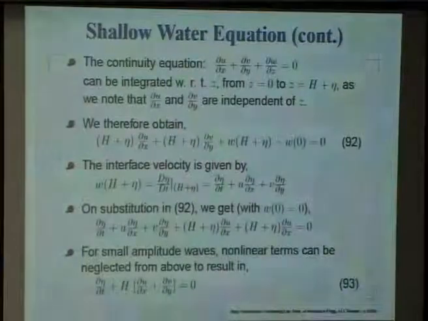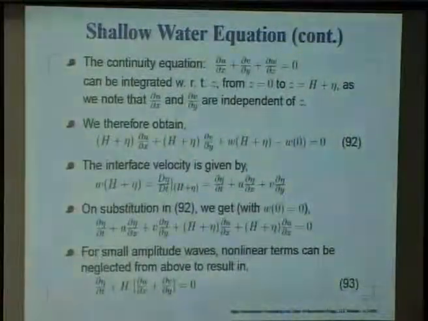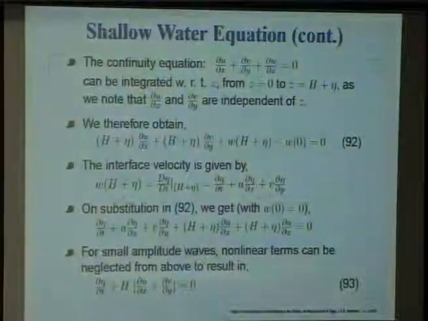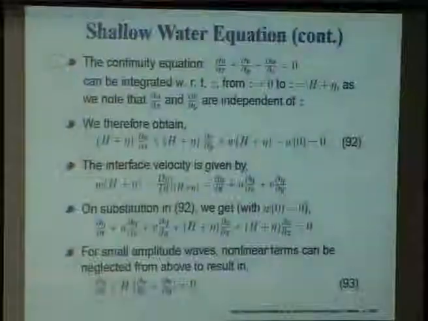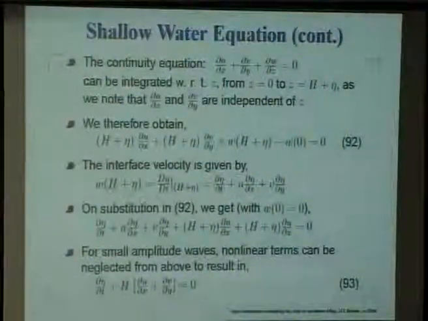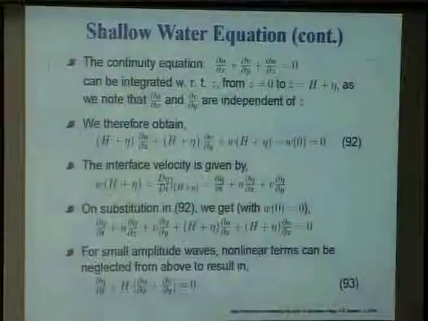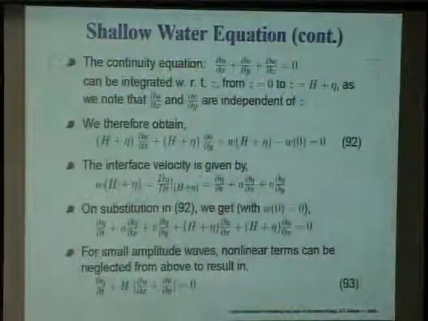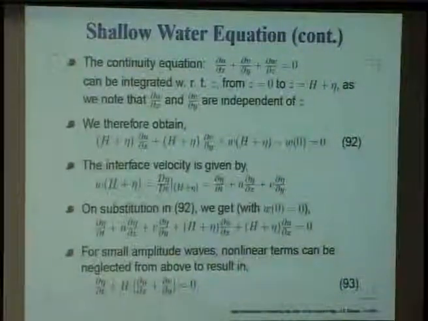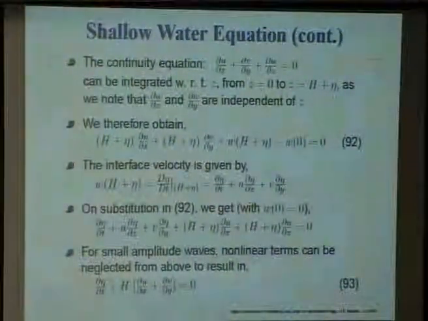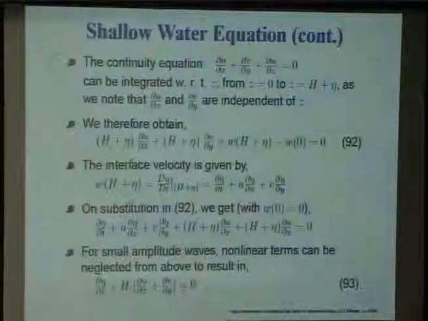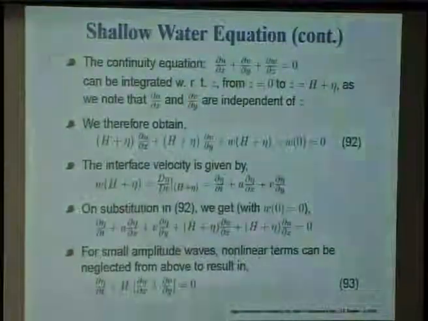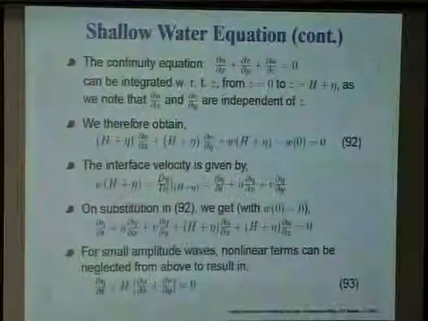So, we do not need to worry about it, whereas the interface velocity w at h plus eta, we can obtain it from the substantive derivative of the interface description eta, that would be given in terms of this. So, now you can see that being 3 dimensional motion, you have to have both u del eta del x plus v times del eta del y. Substitute this in the equation 92 with the bottom velocity, vertical velocity as 0, we get this.